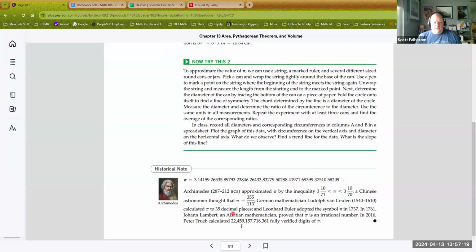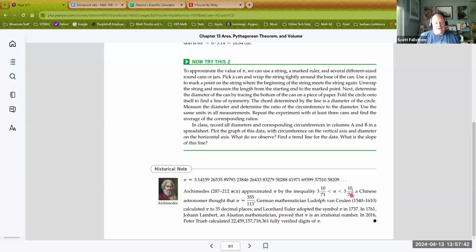All right, let's see here. Yeah, historical note, it was kind of cool. Over time, people have been trying to get better and better approximations. Archimedes, about 2,200 years ago, approximated it between these two numbers, 3 and 10/71 and 3 and 10/70.